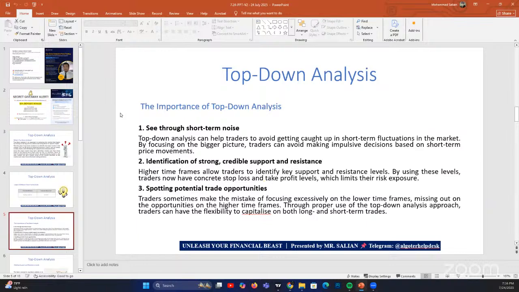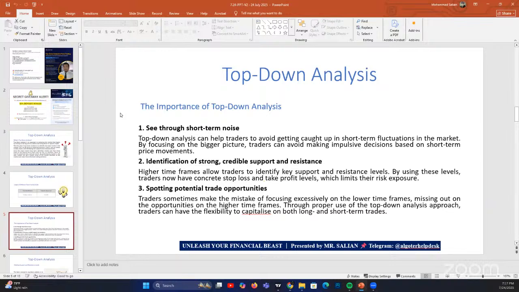So moving on, the importance of top-down analysis. Number one, we can see through short-term noise. Top-down analysis can help traders to avoid getting caught in short-term fluctuations. You know, price goes up and down every time. By focusing on the bigger picture, now you know the trend is going up, then you will only think of buying.